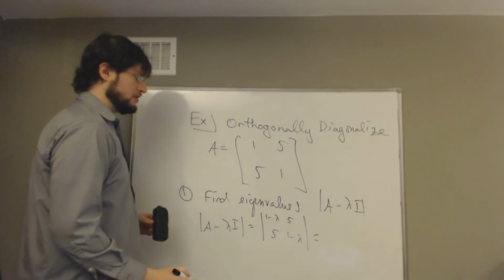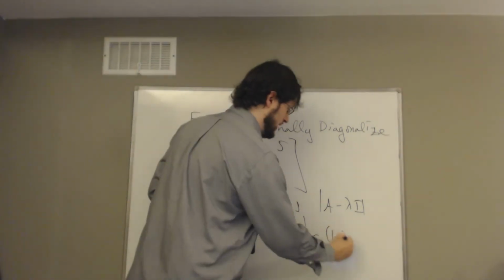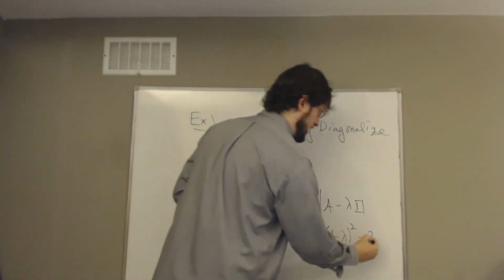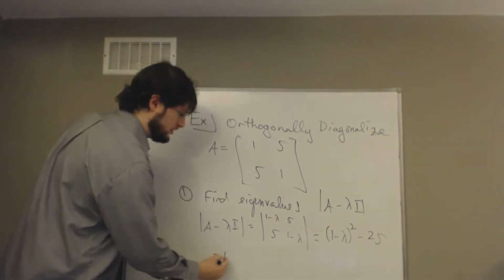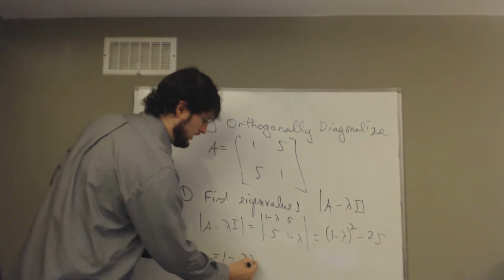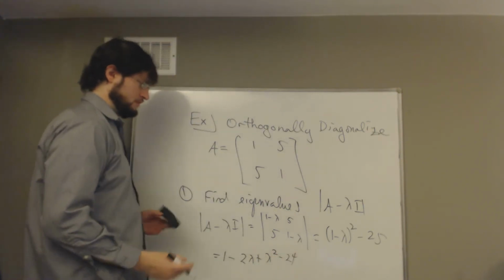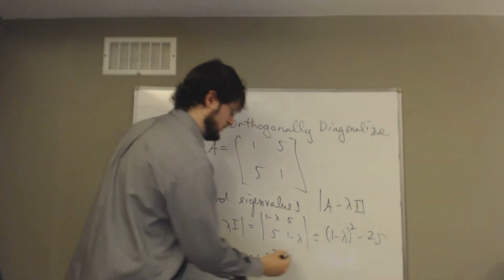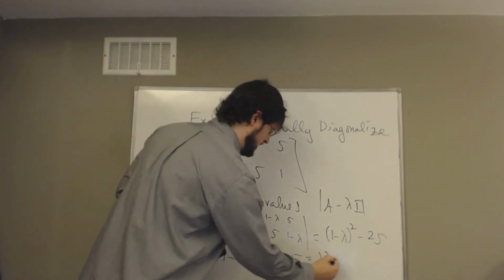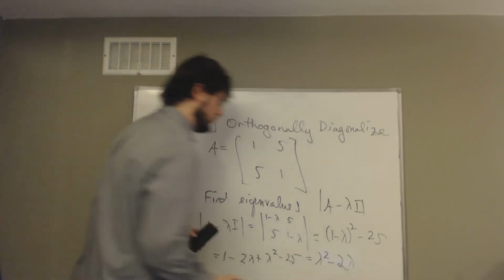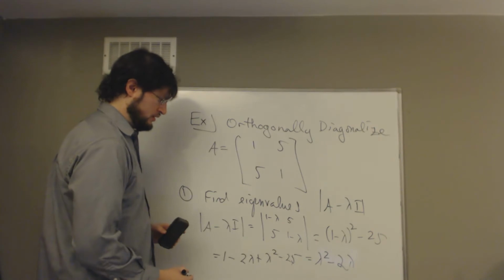And when I take the determinant, I get (1 minus lambda) squared minus 25, which is 1 minus 2 lambda plus lambda squared minus 25, which is lambda squared minus 2 lambda minus 24.